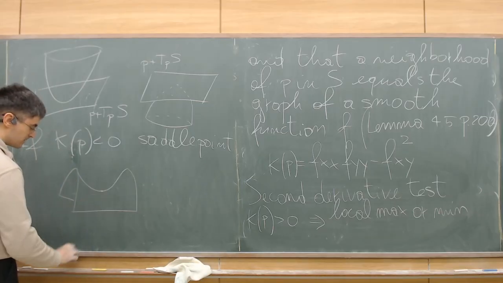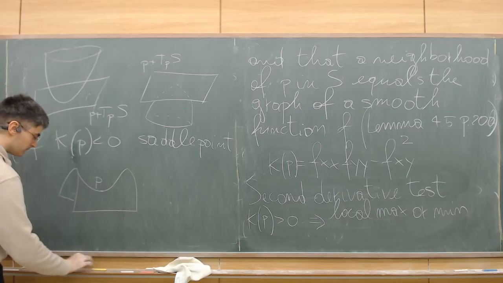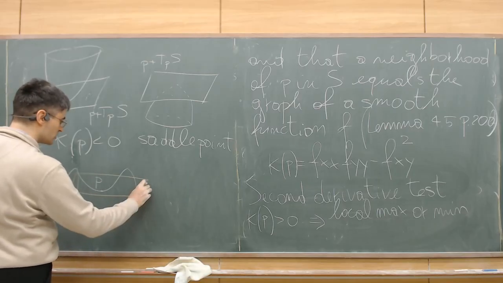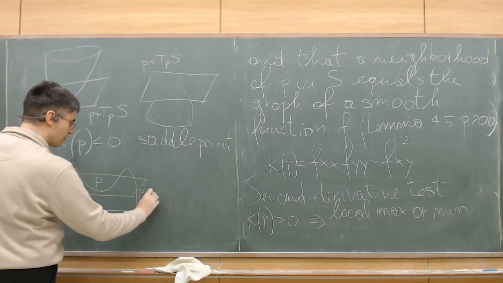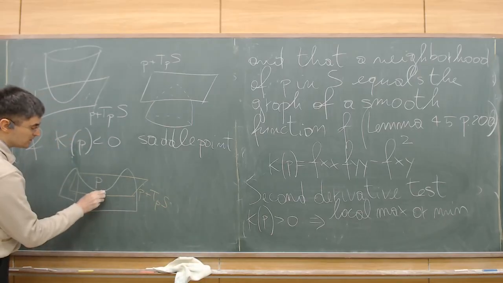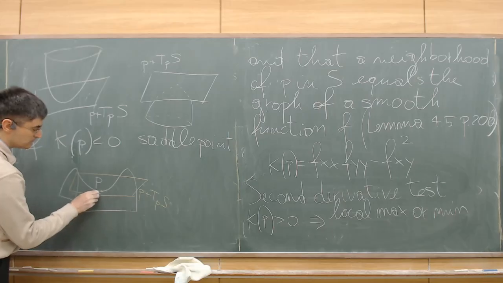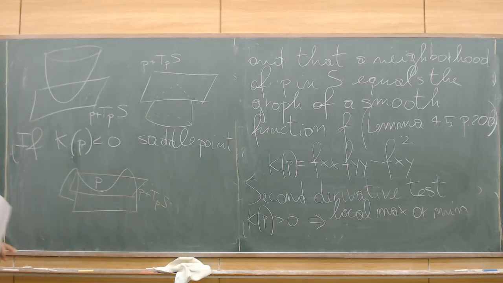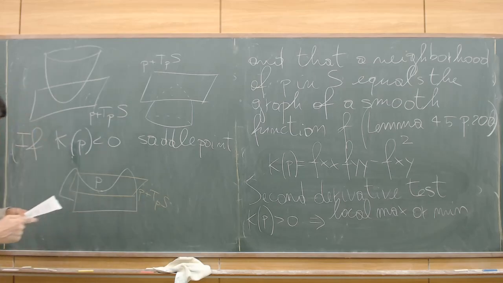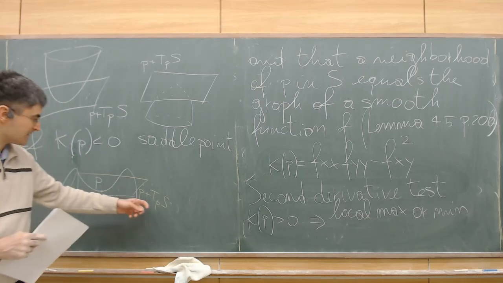And in this case, TPS up to a translation will look like this. So every neighborhood of this point intersects both sides of P plus TPS.